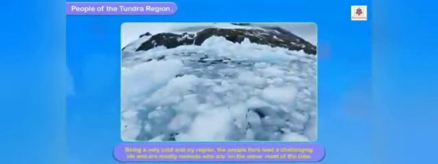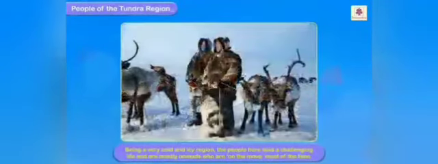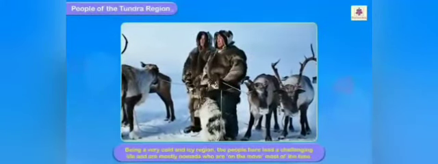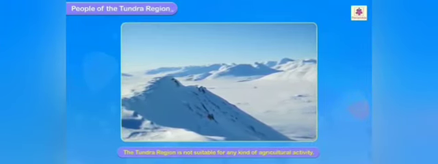Being a very cold and icy region, the people here lead a challenging life and are mostly nomads who are on the move most of the time. The tundra region is not suitable for any kind of agricultural activity.